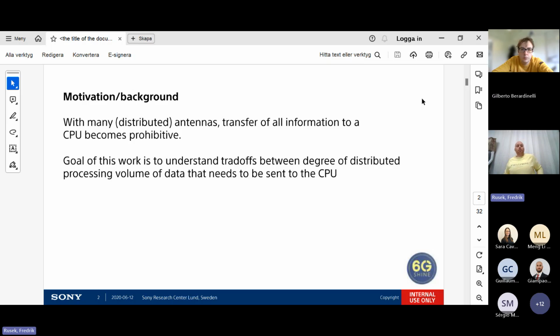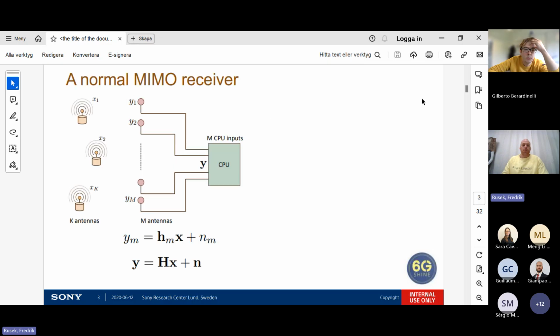The goal of this work is to understand the trade-offs between the level of complexity at the distributed units, the antennas, and the amount of data that you have to transfer to a CPU. If we look at a very simple receiver, this is, I guess, the simplest architecture that you can assume.